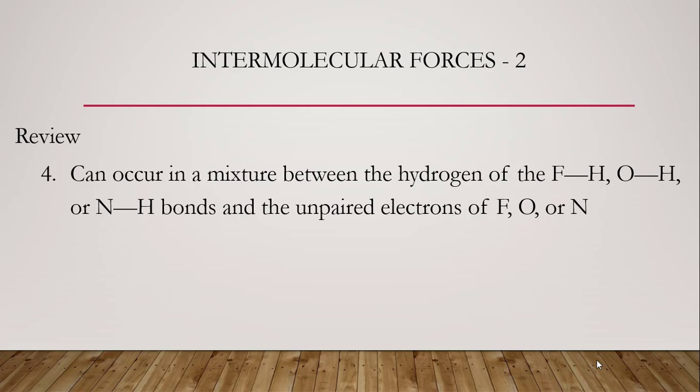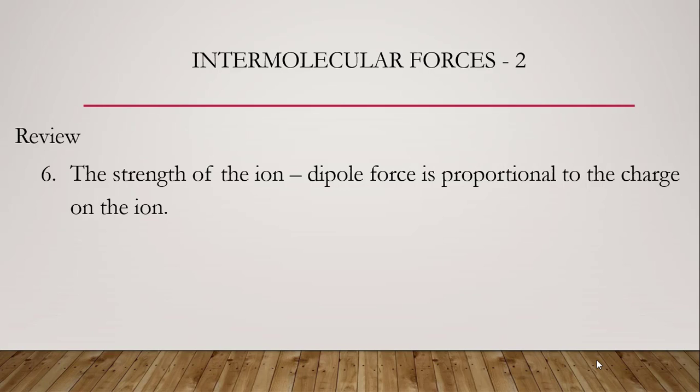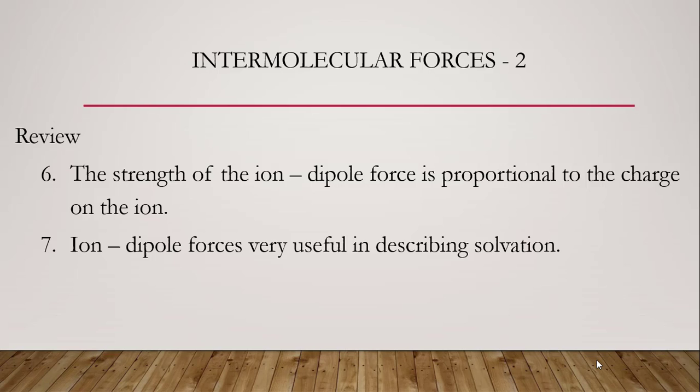It can occur in a mixture when the hydrogen bonded to either fluorine, oxygen, or nitrogen can interact with the unpaired electrons of oxygen or nitrogen. An ion dipole force occurs between a fully charged ion and the partial charge of a polar molecule. The strength of this force is proportional to the charge of the ion, and it's very useful in describing solvation.